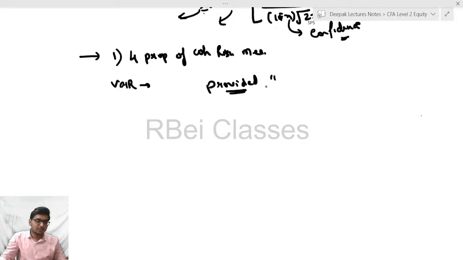What is that condition? The condition is that the data is normally distributed. Clear? This is the first point.